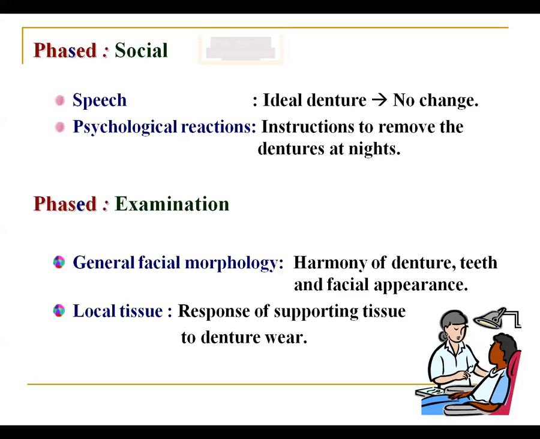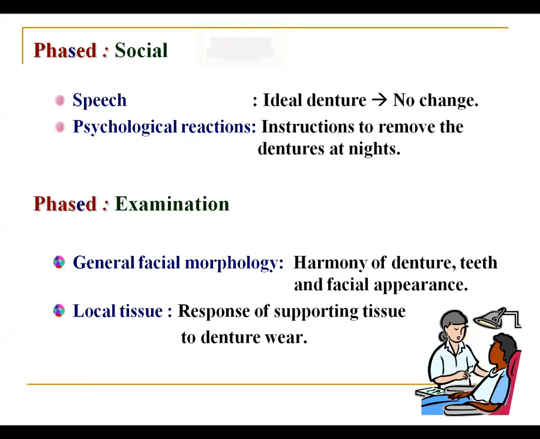So as far as general facial morphology is concerned, one should know what is normal: how the philtrum should be, how the mentolabial groove should be, how the nasolabial angle should be, how the ala of the nose should be. Because if you insert the prosthesis and there is a change, but you don't know what has changed, then it will be more difficult.